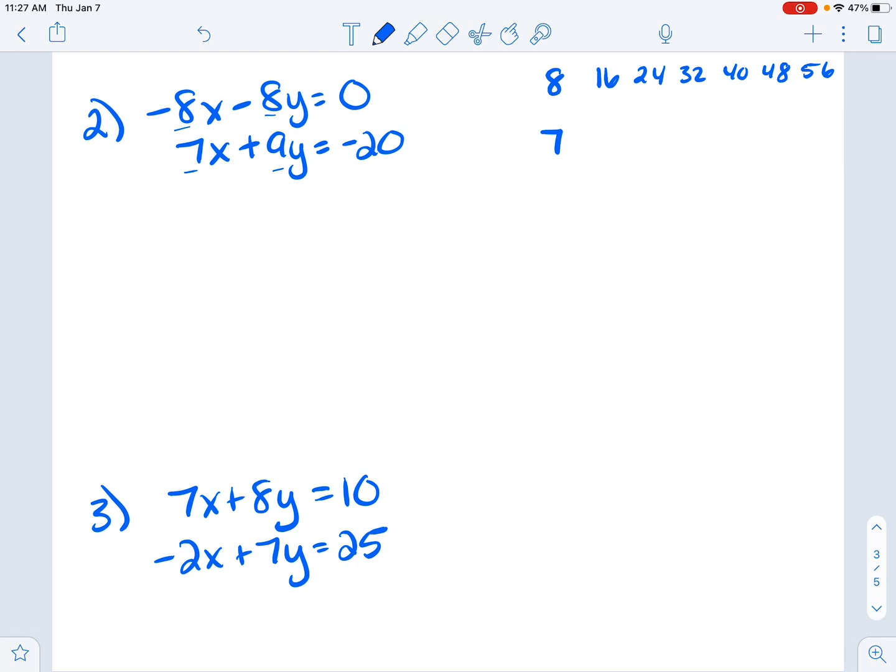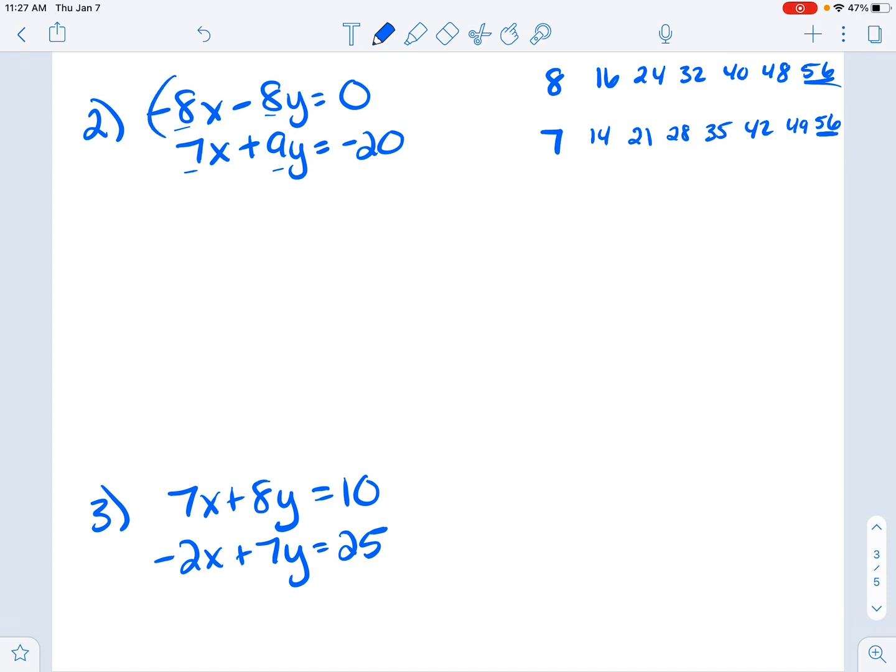Now do your 7s. 7, 14, so that's not in common. 21, nope. 28, nope. 35, nope. 42, nope. 49, still doesn't work. Barely have enough room. 56. So there's our common number.